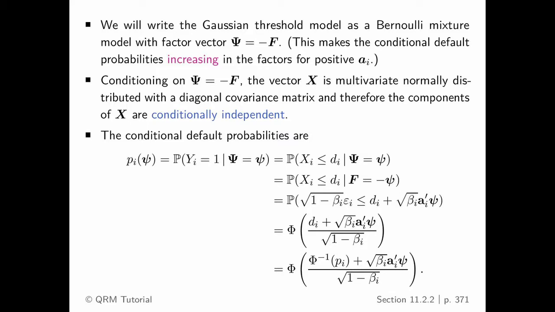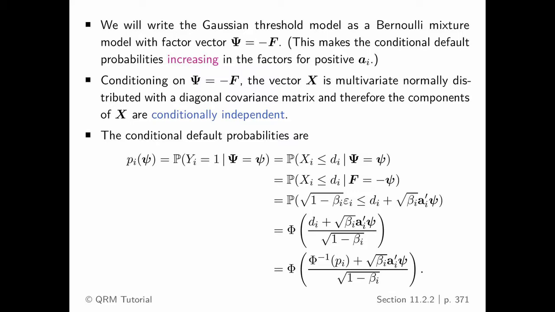The final thing we can do is acknowledge that the threshold DI in the Merton model will be given by phi inverse PI. PI is the unconditional default probability. So PI is the probability of being below the threshold, and if the critical variable is normal, then we have to put the threshold DI at phi inverse PI.